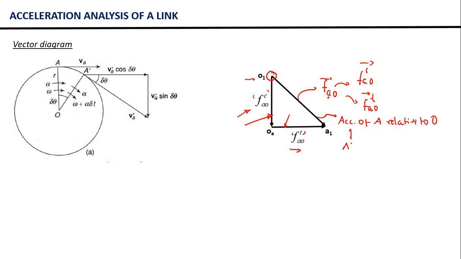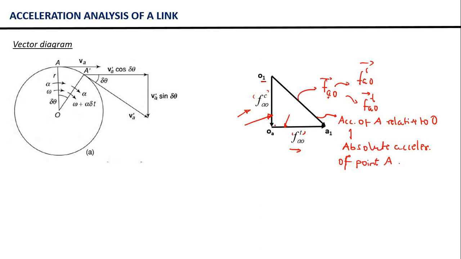Or we can also say that this is the absolute acceleration of point A, because we know that point O is a fixed point. In order to differentiate the acceleration vector diagram from the velocity vector diagram, here we are denoting the alphabets O and A along with a subscript 1.